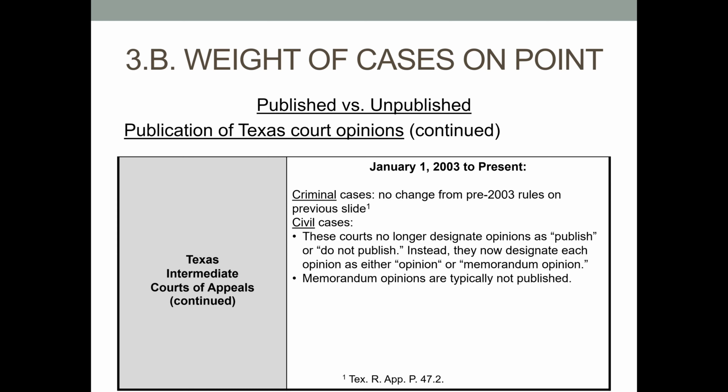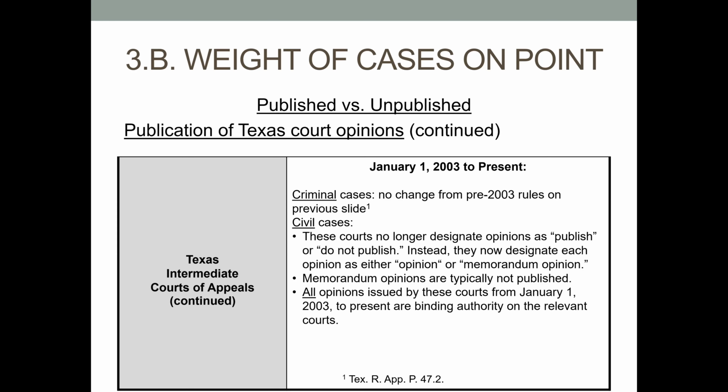Now, typically, those opinions designated as memorandum opinions by these Texas Intermediate Courts of Appeals are not published. They will not appear in the Southwestern Reporter. Now, all opinions issued in Texas civil cases by Texas Intermediate Courts of Appeals from January 1st, 2003 are going to be binding authority on the relevant courts.